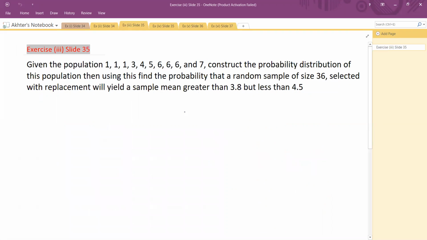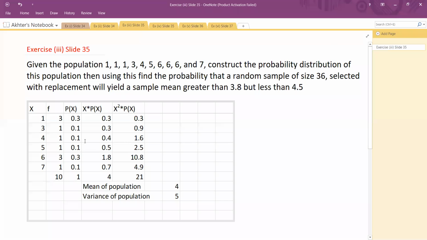But here in this problem, we can use the advantage of with replacement for computing the variance of the distribution of mean. So I am going to take some material from slide number 2, which I already computed, for the population mean and the population variance.